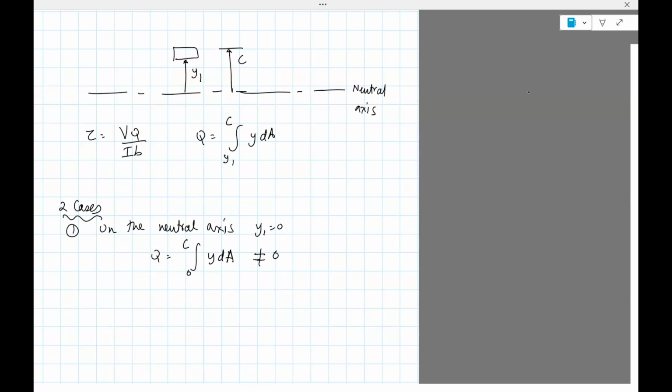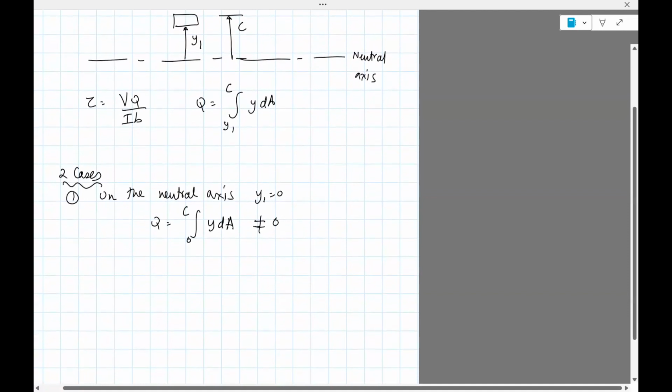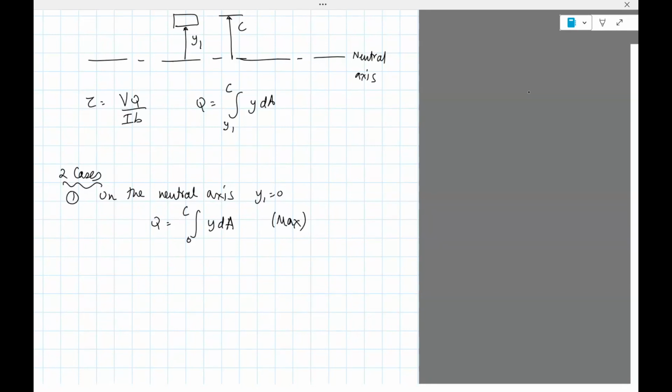You have to actually do the computation. Okay, so it's not 0. In fact, it is going to achieve a maximum value because that integral doesn't pass through the neutral axis. Everything in that integral is positive. So tau is max at the neutral axis.